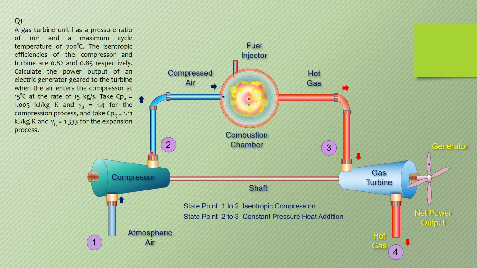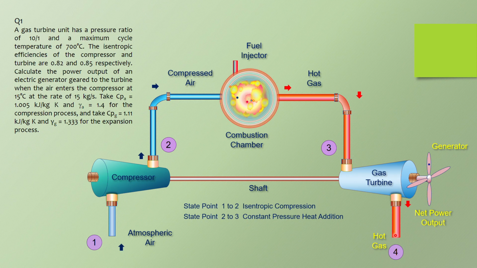But here, since we have the combustion chamber, chemical reactions take place. If you have air going in, you will have hot gas coming out. The outlet here cannot be sent back to point 1 to the compressor to run the cycle further. That is why it is open.